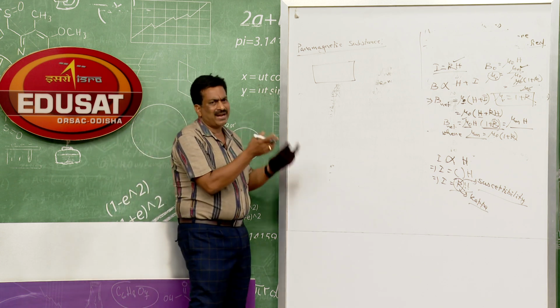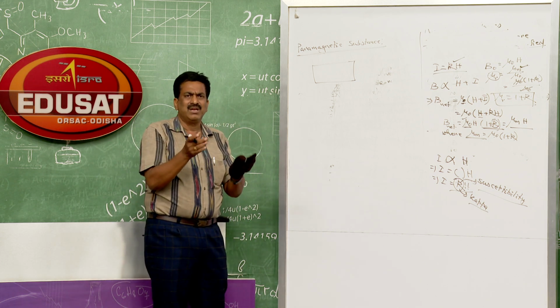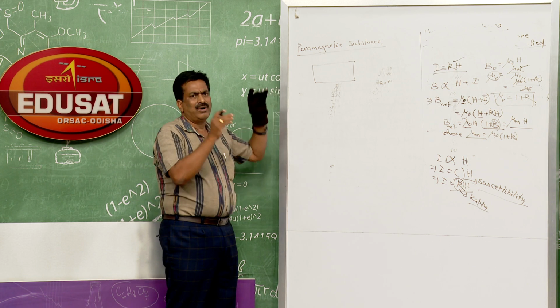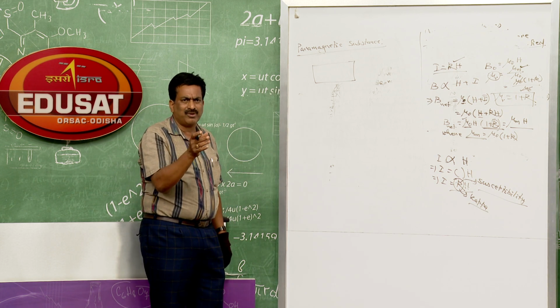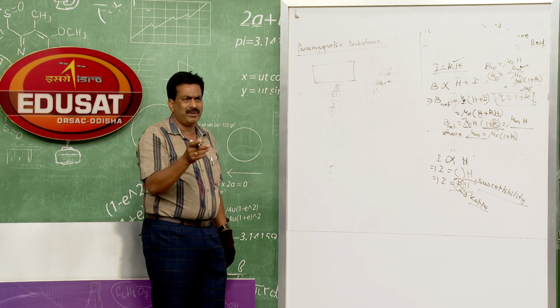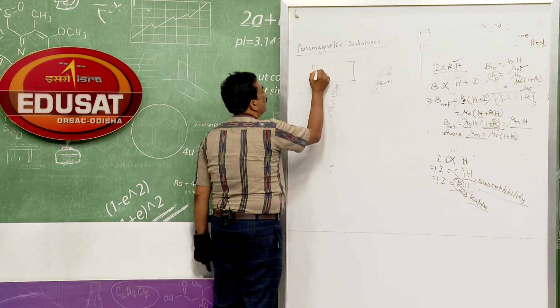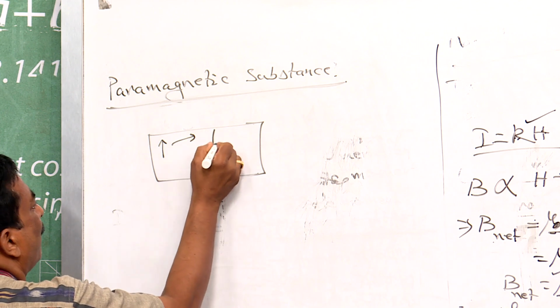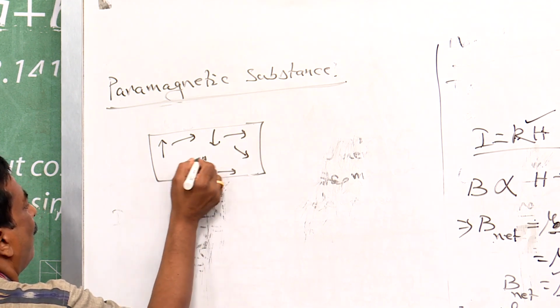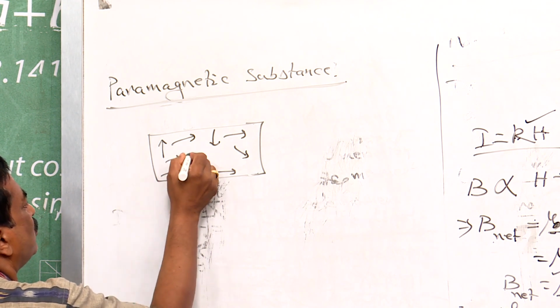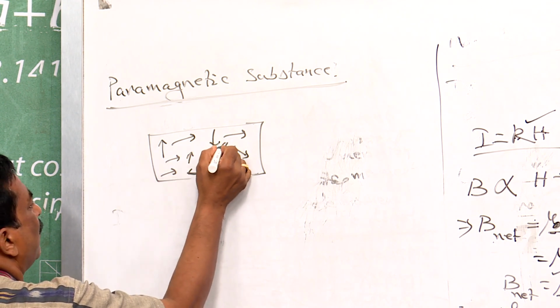You know a matter has a number of atoms, and when electrons are removed from an atom, it will produce dipoles. So they will produce dipoles.